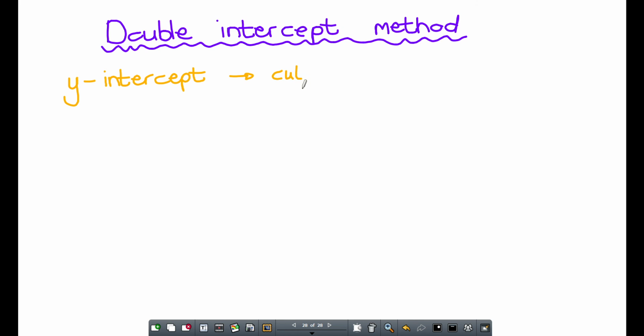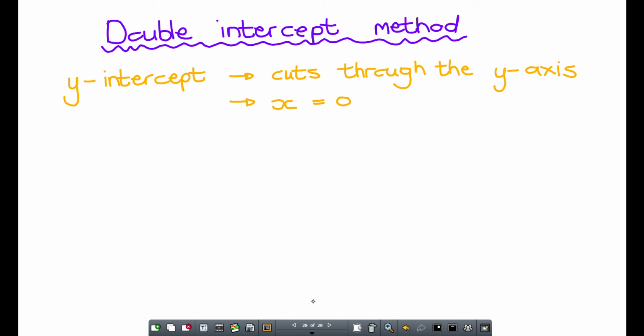It cuts through the y-axis. So y-intercept means it cuts through the y-axis. Now, when it cuts through the y-axis, it means that x will be equal to 0. Do you guys agree with that?